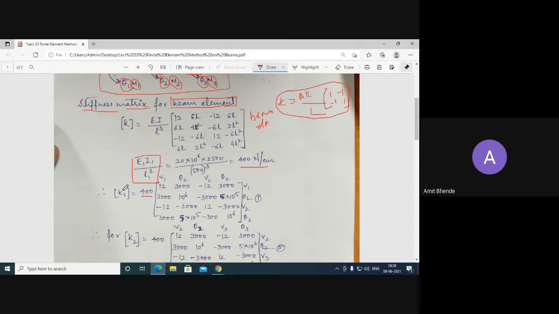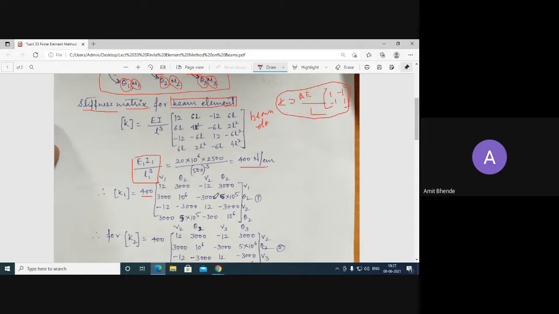for the stiffness matrix of the first element, and inside the matrix it will be 12, 6 into L, 6 into L. So here L is 500 centimeter. So 500 into 6 is 3000. So this is minus 12 and this is again 3000. Then this is 3000 and 4 into 500 squared. So this comes out to be 10 to the power 6.